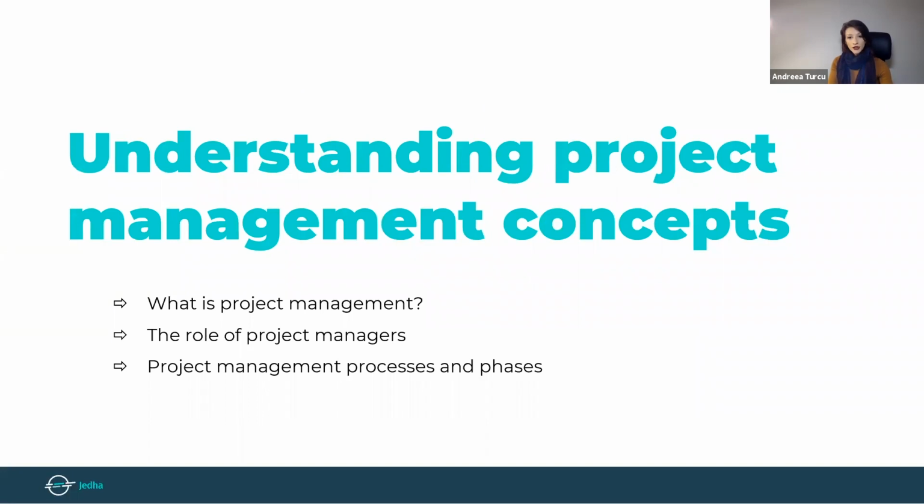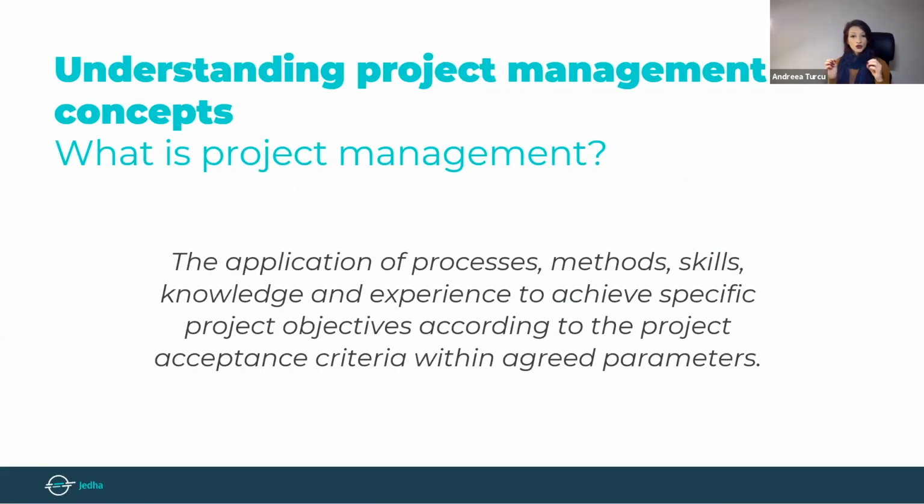Let's go deeper now into project management concepts. Now that you know the basic theory around projects, you will observe that its main characteristics can be found within the definition of the Association for Project Management, meaning that project management is the domain and the application of processes, methods, skills, knowledge, and experience to achieve specific project objectives according to the project acceptance criteria within agreed parameters.